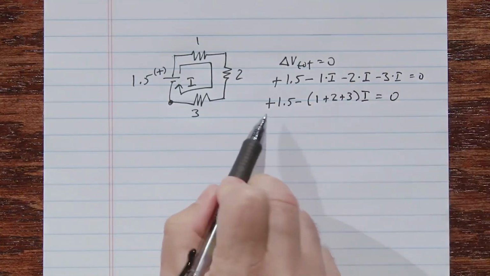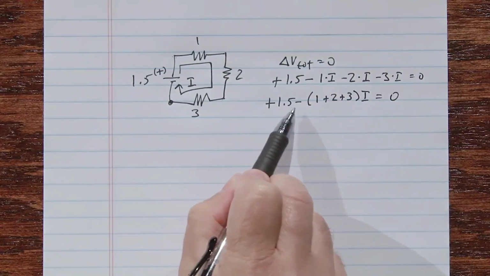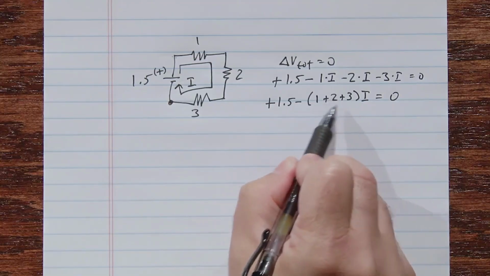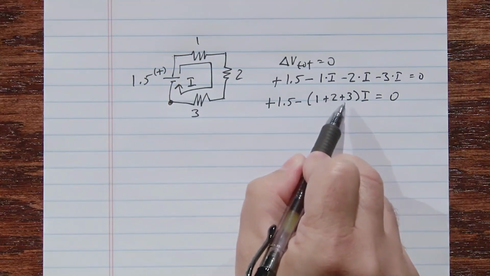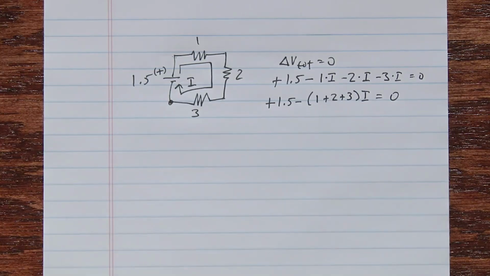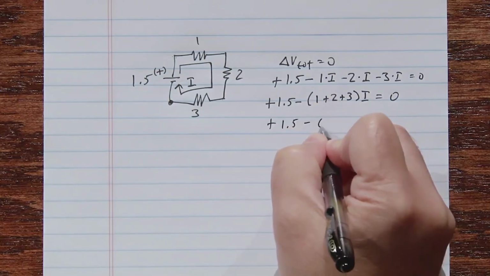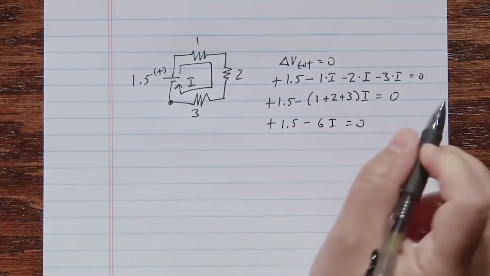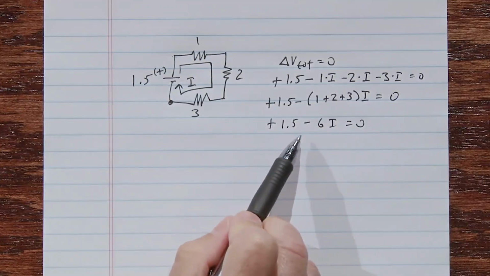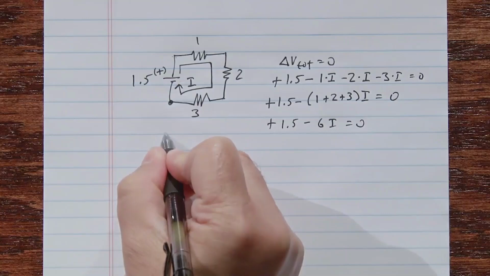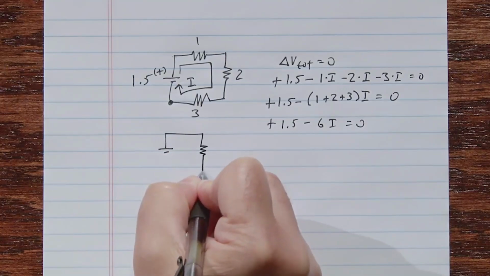equals 0. So I have plus 1.5 and then minus 6I, where 6 is the sum of the resistance of the three resistors. So that's the same as if there were a single 6 ohm resistor there. So plus 1.5 minus 6I is equal to 0 is the same equation we would get if we had this circuit right here.